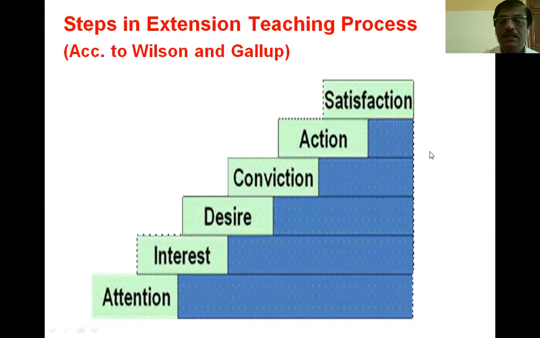These are the 6 steps in the extension teaching method. So you can make an abbreviation of these steps, AIDCAS, and thereby you can remember attention, interest, desire, conviction, action, and satisfaction.